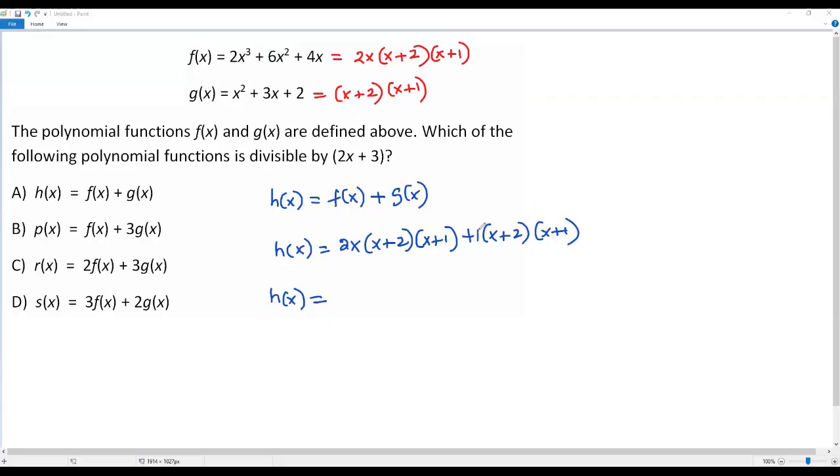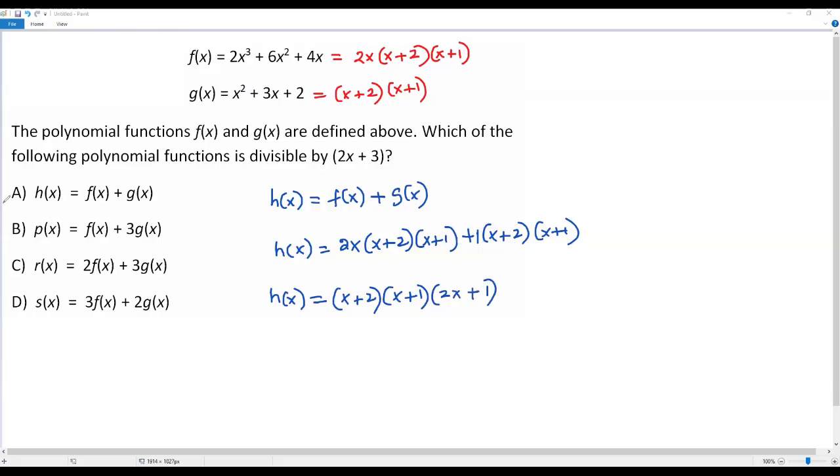Let's assume there is a 1 multiplied here. What do we find in common in these two terms? We find (x + 2) times (x + 1) in common, so that can be factored out. If I factor it out from these two terms, I am left with 2x in the first term and 1 in the second term, that is (2x + 1).